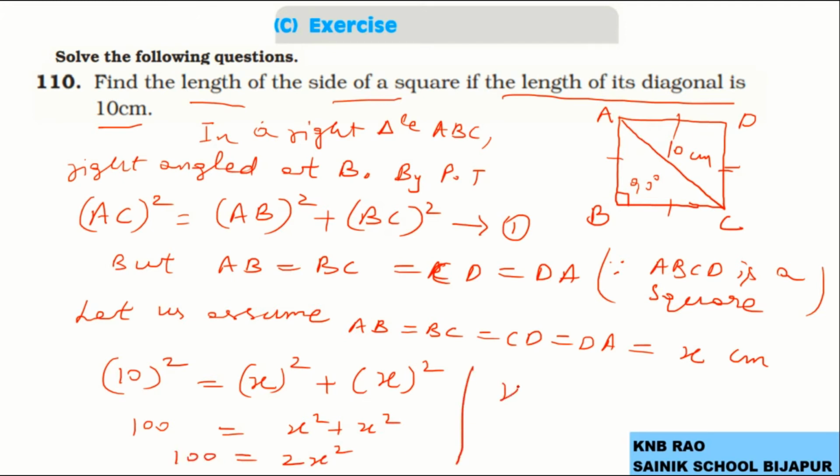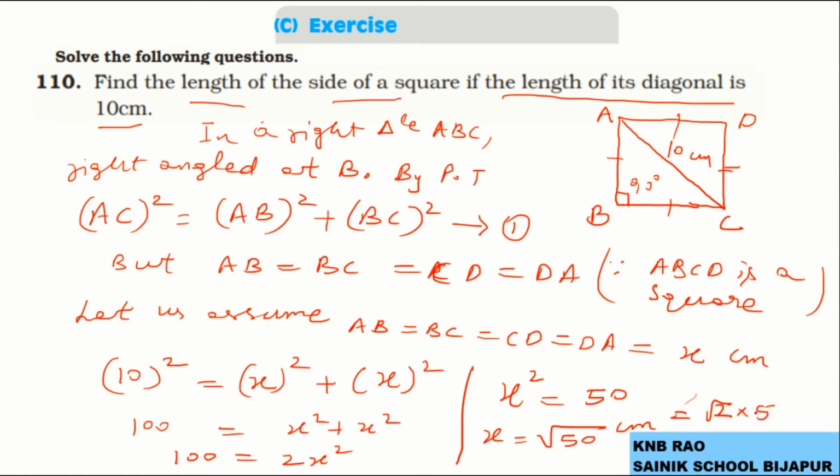That means x square equals 100 by 2, which is 50. So x equals root 50 centimeter. This root 50 centimeter can also be written as 5 root 2.